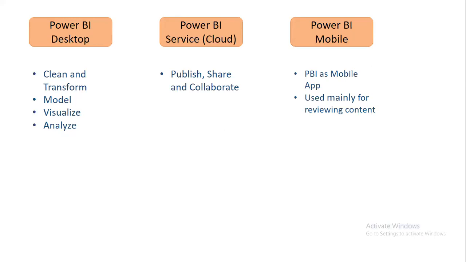Power BI service comes with different types of licenses. One is free license, one is Pro license, then we have Premium license, and then we have Premium Per User license.